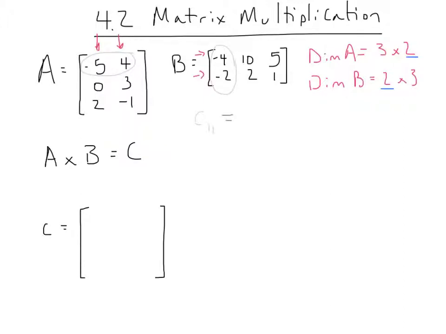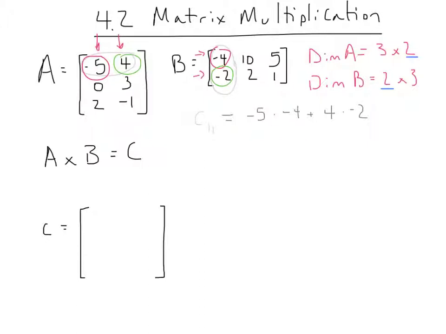And I've just darkened up that ink color a little bit so we can see a little bit better. So what we're going to multiply here, we will have negative 5 times negative 4 plus 4 times negative 2. So we looked at this times this, plus this times this.